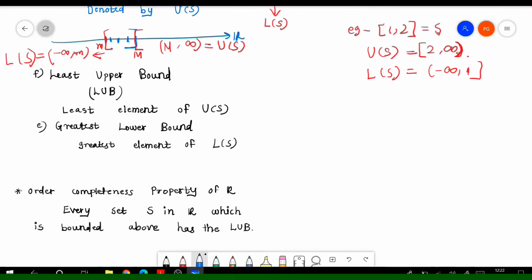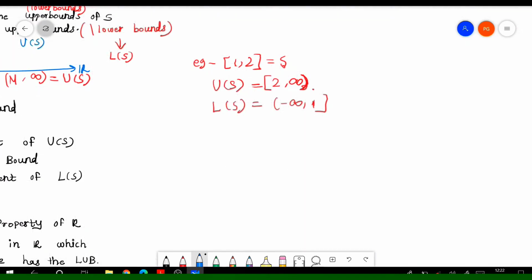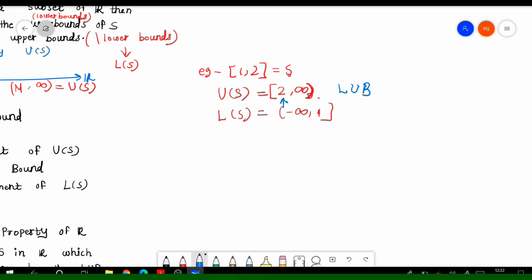So the least element of the upper bounds of a set is said to be the least upper bound. So for example, here we have S is equal to 1, 2, and we saw that U of S is 2 to infinity. So the least element of U of S is said to be LUB, least upper bound. And similarly, the greatest element of L of S, here 1, is said to be GLB, or greatest lower bound.